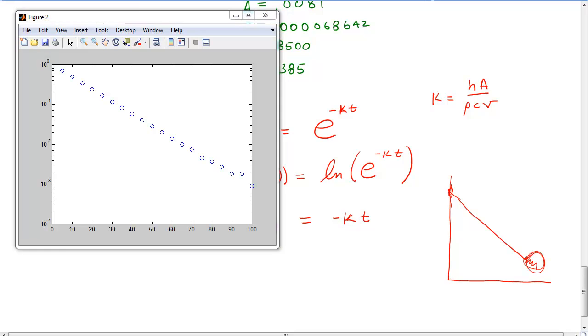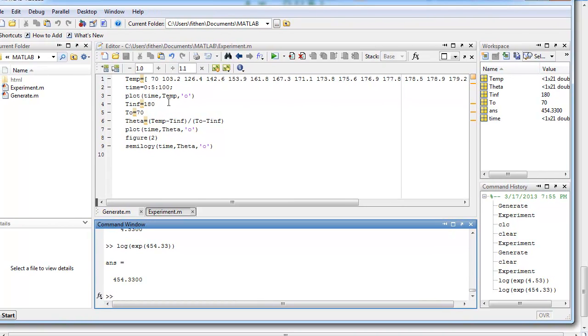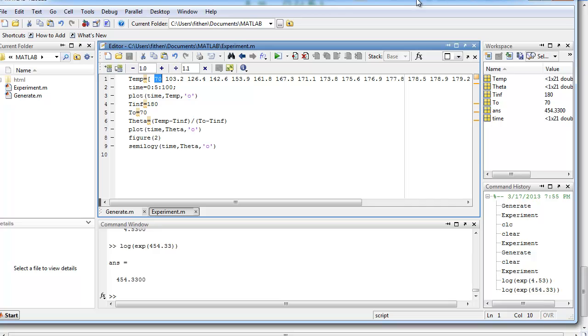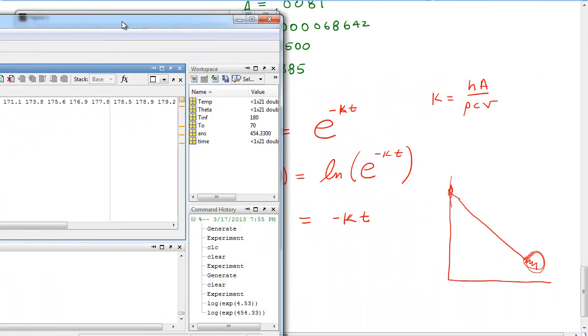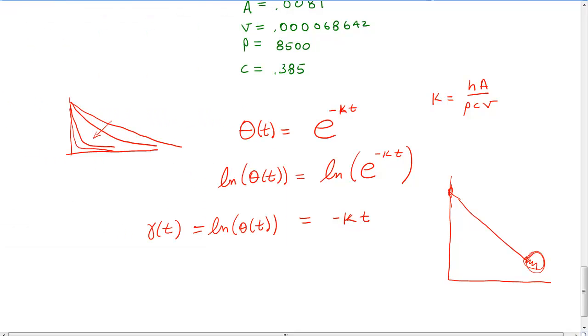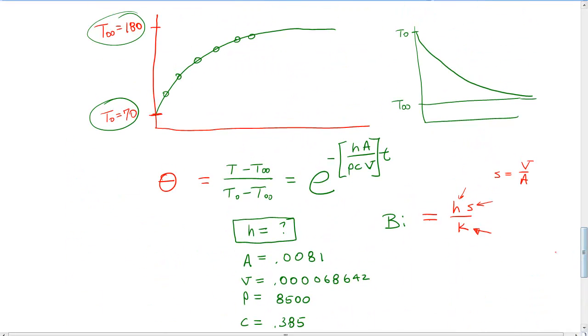So in essence, if we look at the data, we started with a data point at time equals 0 of 70 degrees. Where did it go? And let's take a close look at it and say, when time equals 0, then theta at time equals 0 is equal to T0 minus T infinity over T0 minus T infinity, or it's equal to 1.